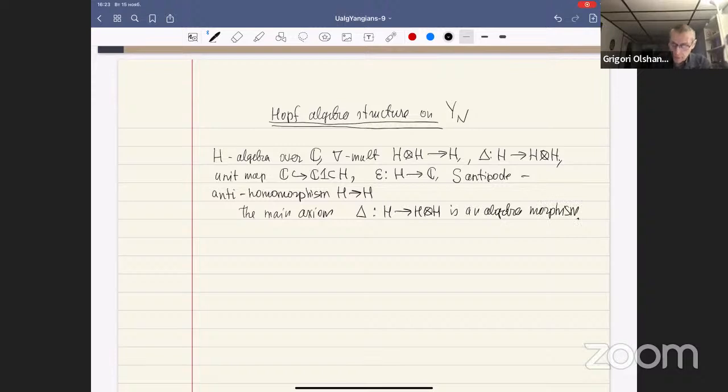And the key example, I repeat, is that of a group algebra.